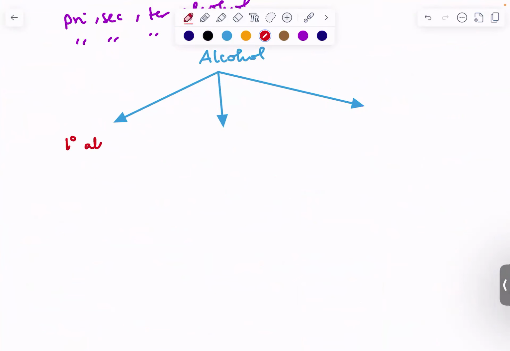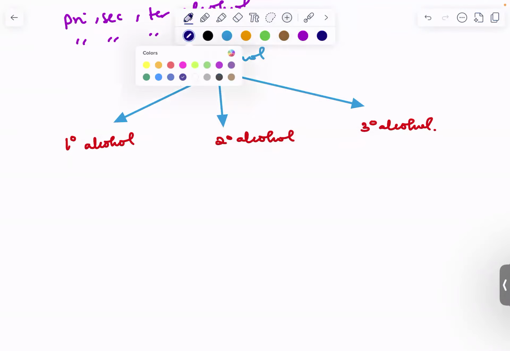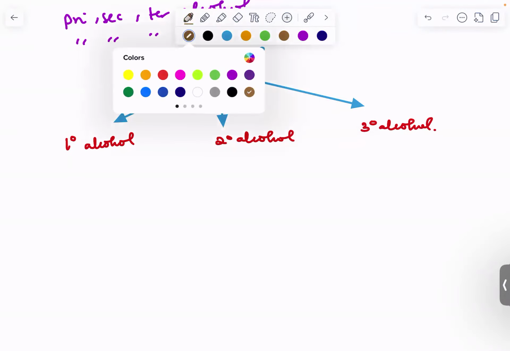Primary alcohol, secondary alcohol, and tertiary alcohol. I just wanted to check the colors because they are very close to each other. Brown, and that's about it.